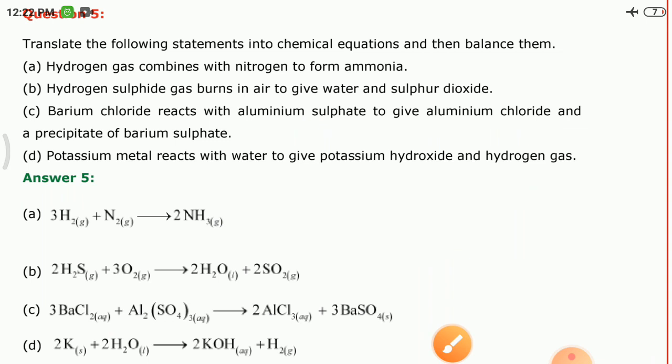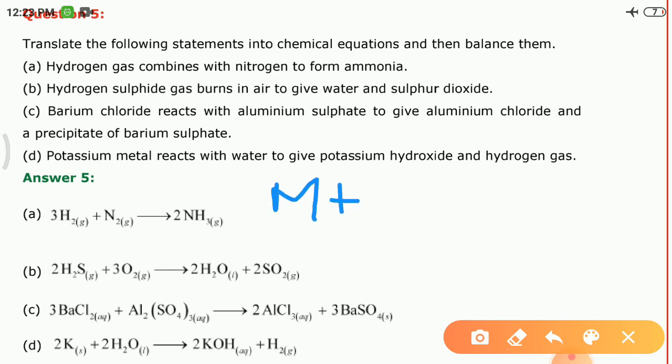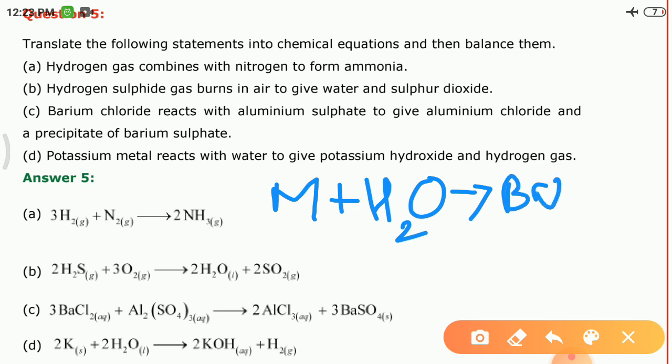So next one is D. Potassium metal reacts with water to give potassium hydroxide and hydrogen gas. Here we should also know, whenever a metal reacts with water, it gives hydroxide, or we can say a base, plus hydrogen gas.